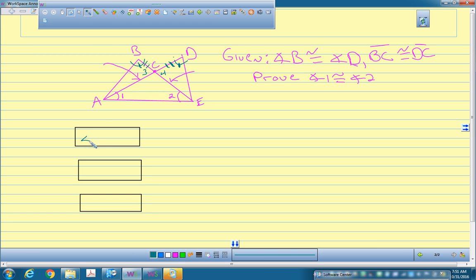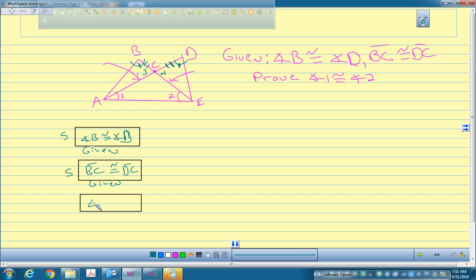And I'm going to put angle B congruent to angle D. And BC congruent to DC. And both of those are given, right? Given, given. But then what's the next piece of information that I'm going to use? Ian, you said it.